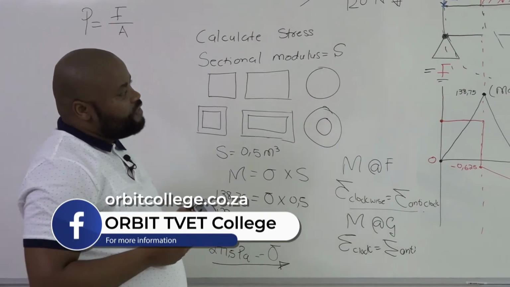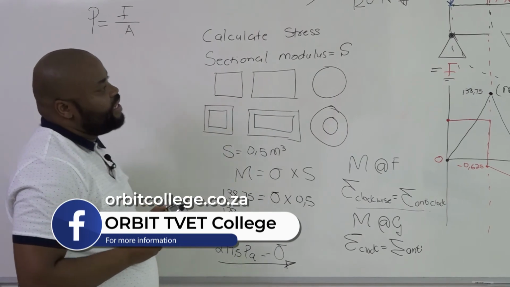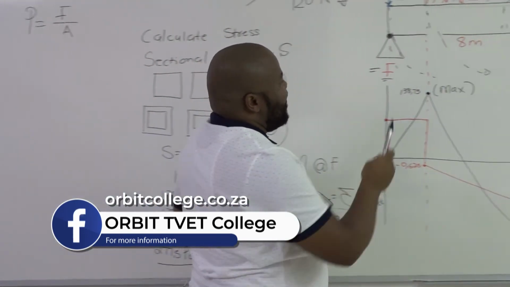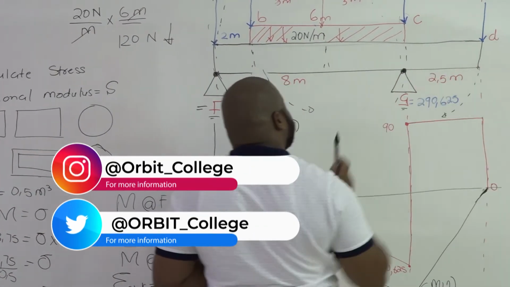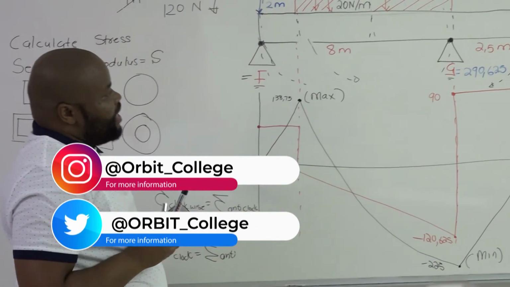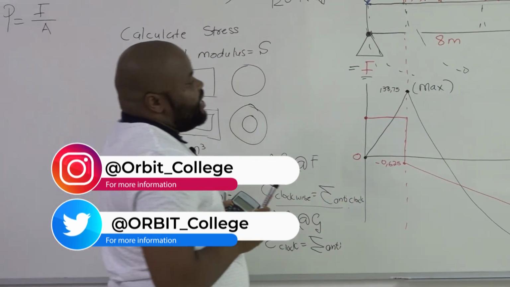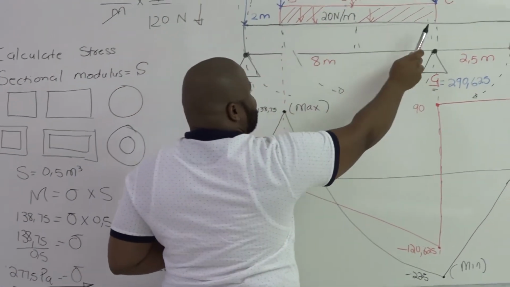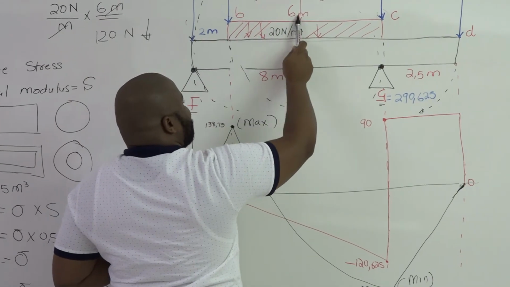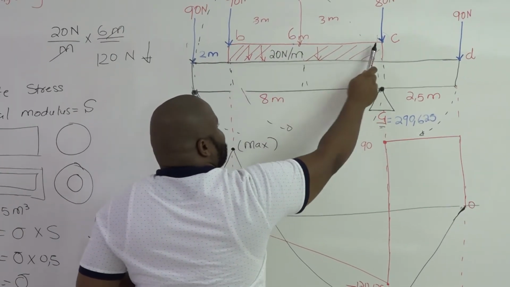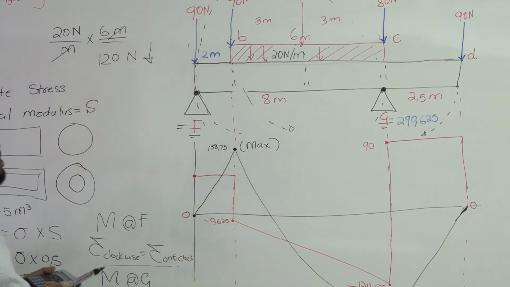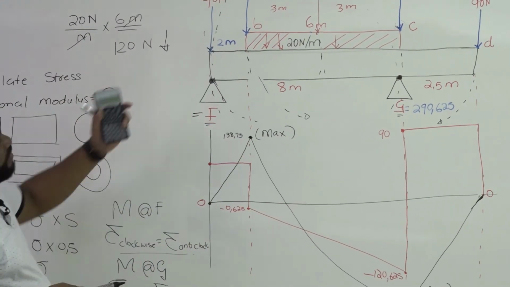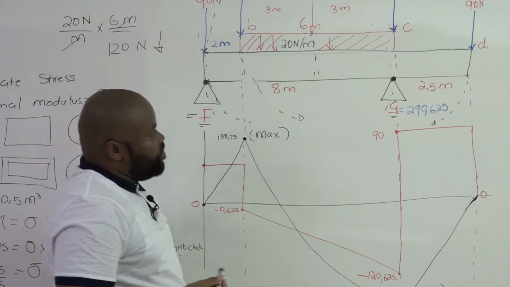Another important thing to remember is that the very same UDL also applies when you are calculating bending moments at D. But because your UDL acts for only 6 meters, you make a point load taking into consideration the total distance of your UDL, which is 6. It gave us 120 newtons.